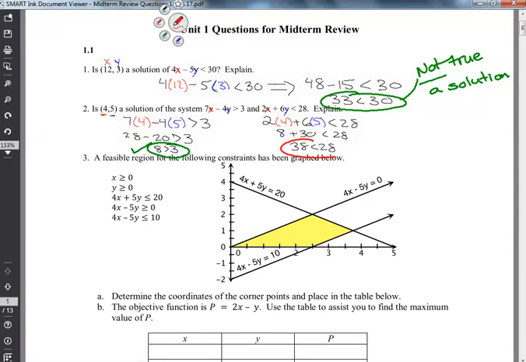This one, not true. Does not work. So (4, 5) is not a solution. Alright, so that's the first two.